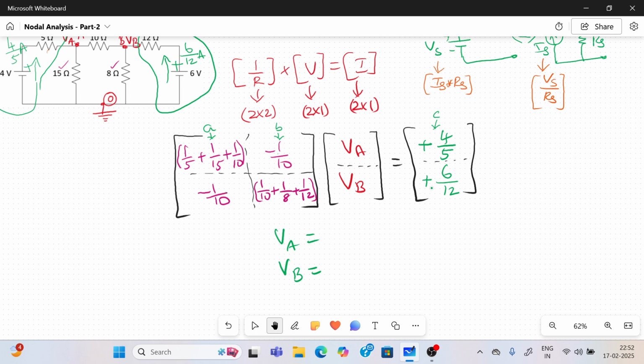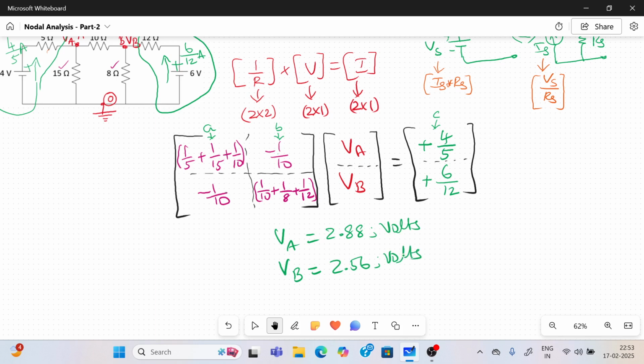Then here minus 10 inverse, and then 10 inverse plus 8 inverse plus 12 inverse, and then the current is 6 divided by 12. So finally VA is 2.88 volts. Then VB is 2.56 volts.